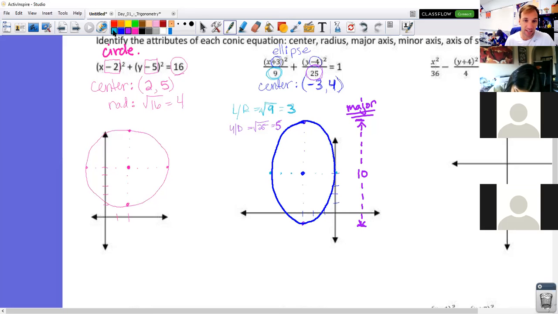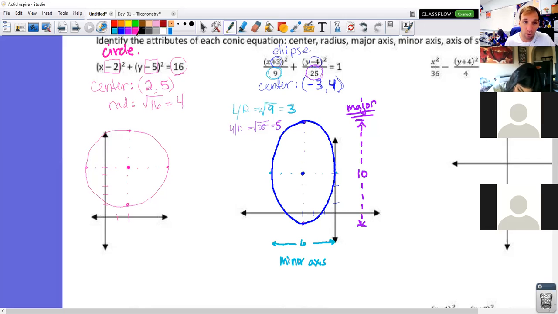So your major axis length is 10, and then we're going to have something called the minor axis, which is the shorter distance, which looks like in this case it's going to be 6. So your major axis is 10 units long, and your minor axis is 6 units long.